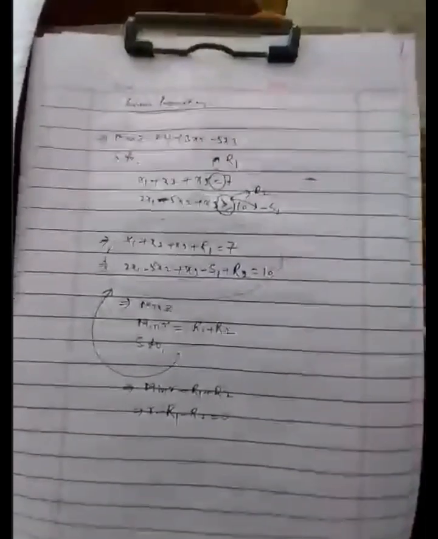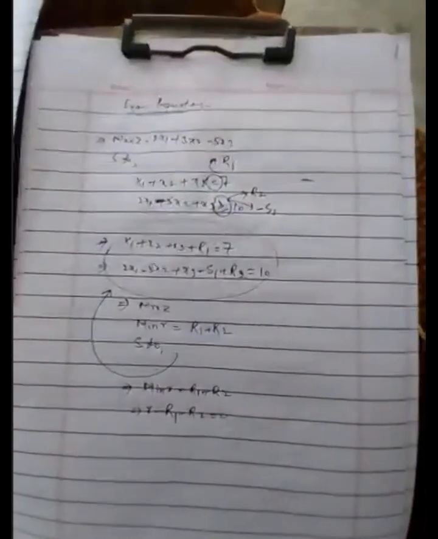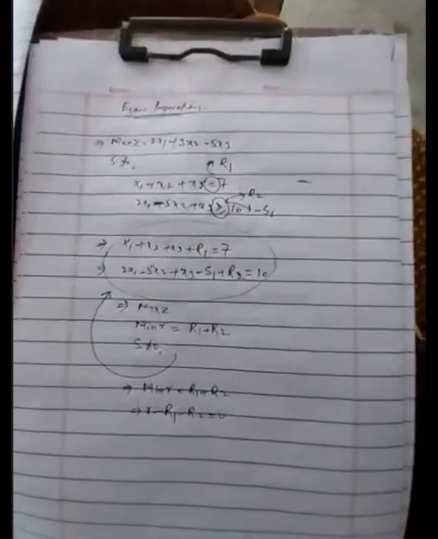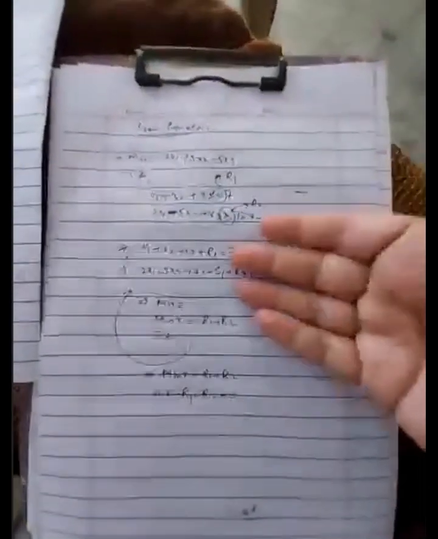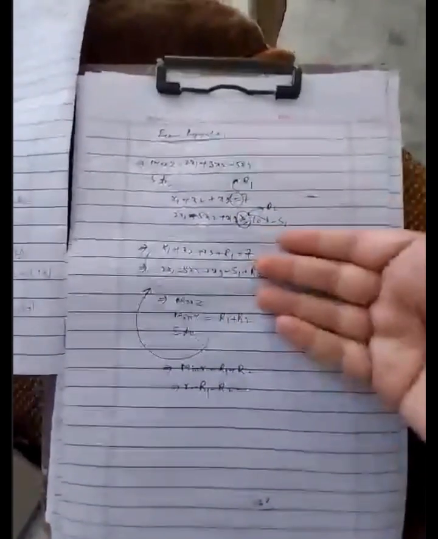So if it is minimization, it is already a prepared case. You just go for minimization of R1 and R2. And if it is maximization, you just convert it to the standard form of it.